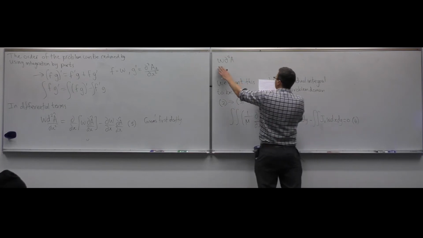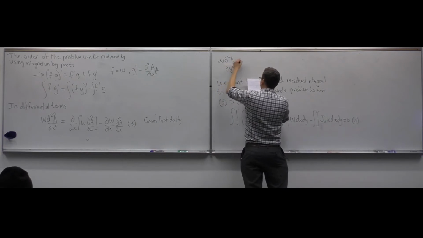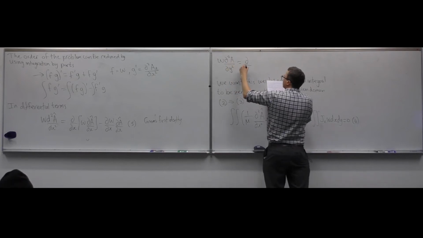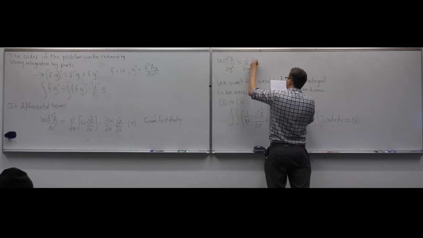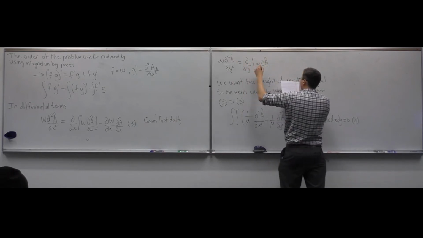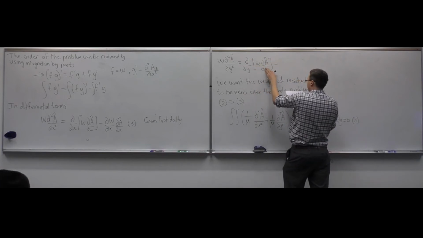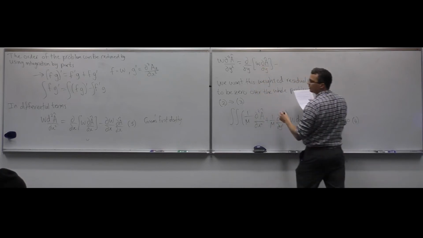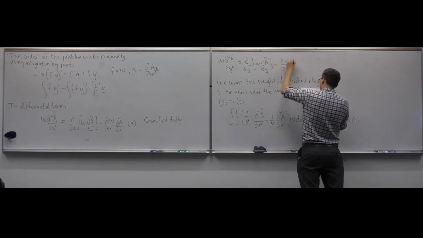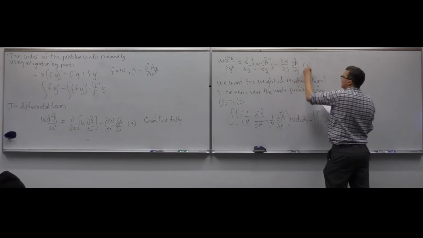And so then we can also write out the second term, and so that's going to be w times del squared a over del y squared is equal to del y w del a hat over del x, that's a y, minus del w over del y, del a over del y, like that, and that's 6.